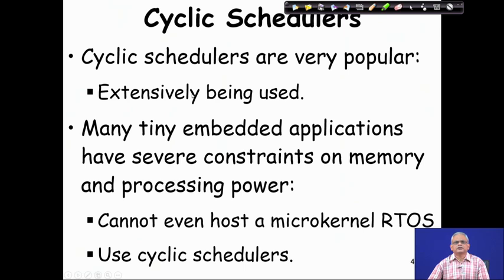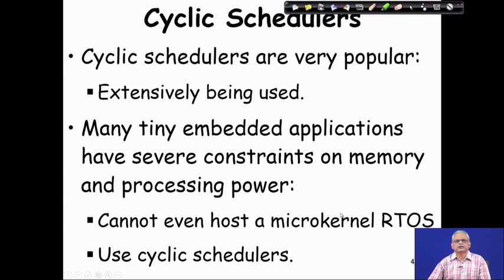The cyclic schedulers are very popular, used in embedded applications. These are also meant for simple applications where there is not enough memory and processing power to run a full blown event driven real time operating system.